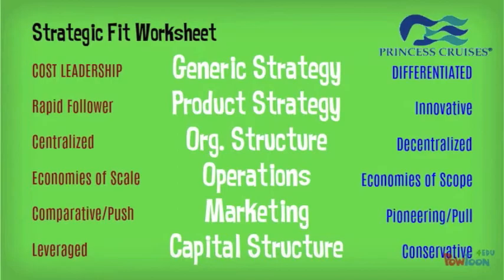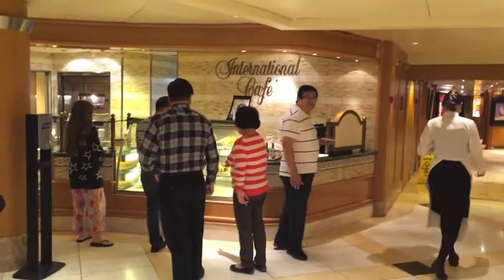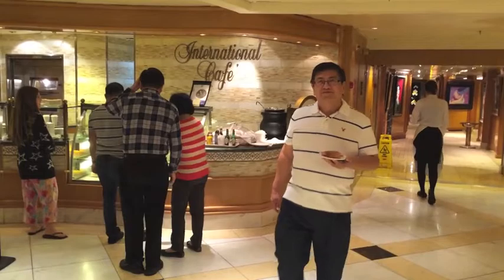Before that, let's guess what the strategy is. Well, look at that. The cost of Princess Cruises for meals like these should be high, but they're not. The costs are low, and if the quality is high, then cost should be adequate, not high.